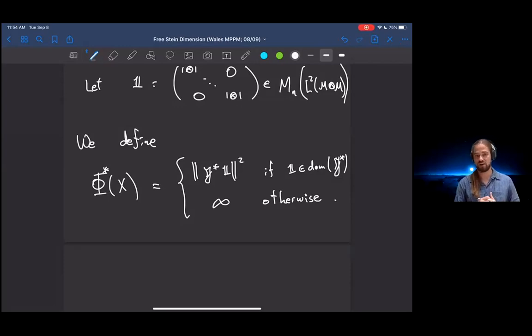Rather than saying we want to have one tensor one in the domain of J star, what if we only want it to be close to having that property?